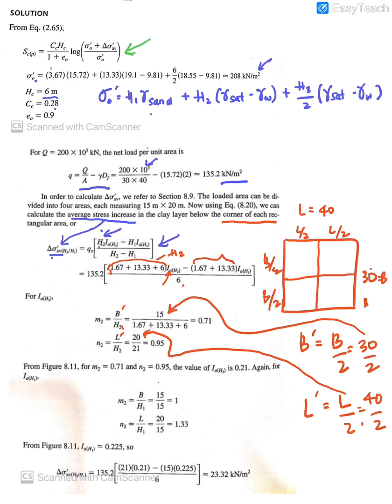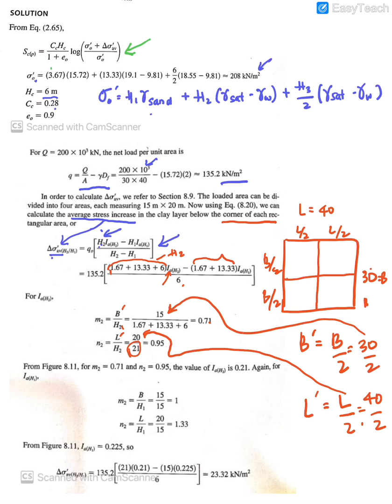H2 is 1.67 plus 13.33 plus 6, you get 21. So you solve for M2, you get 0.71, and N2, you get 0.95.